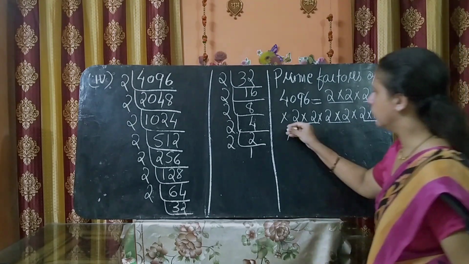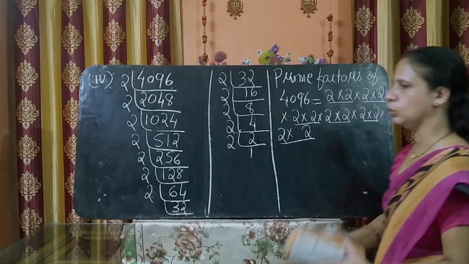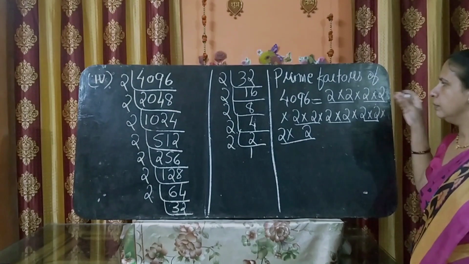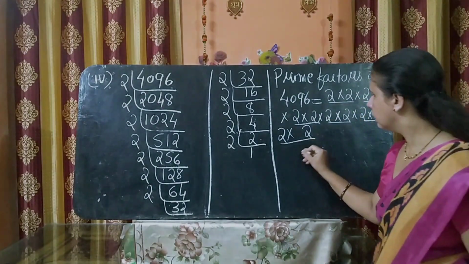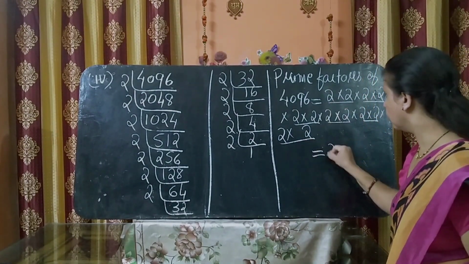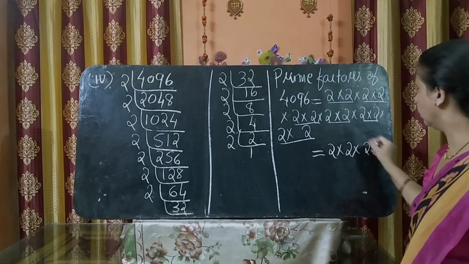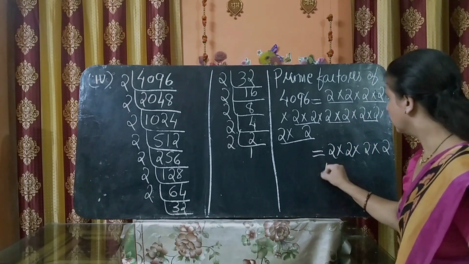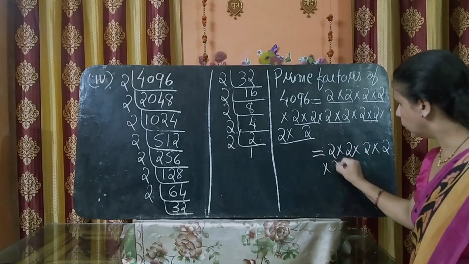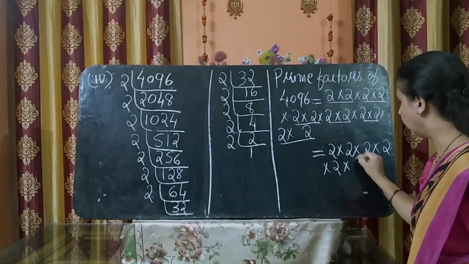Write these 2 here. That is 2, 2. From these 2, take 1, 2. From here also 1, 2. Then 1, 2. 1, 2. From here 1, 2. From this 1, 2.